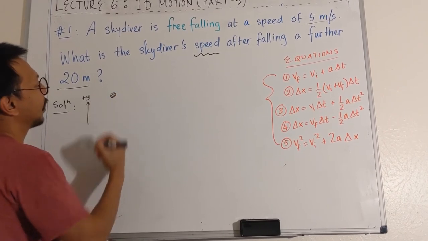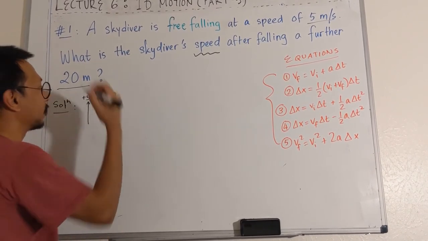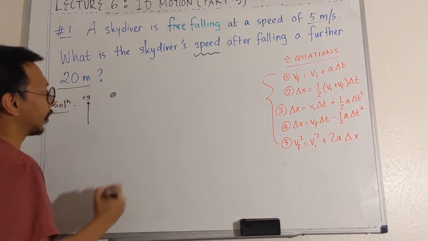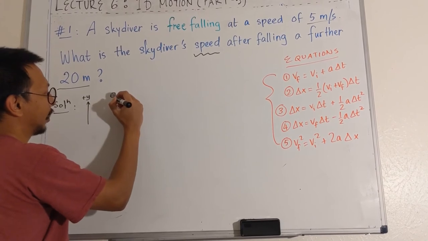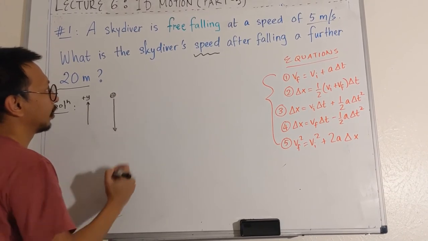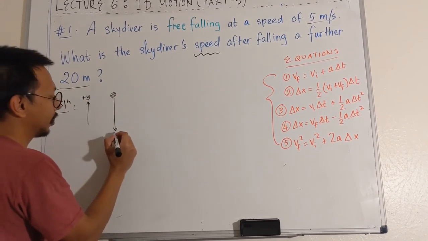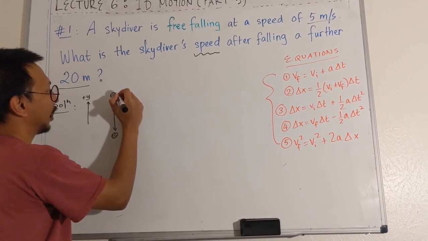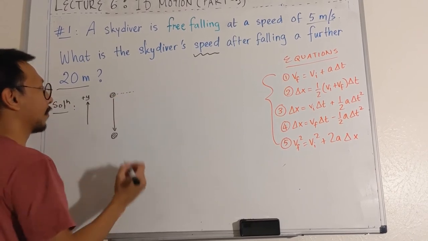Now, I am modeling the skydiver as a small ball falling under the influence of gravity, free falling. Let's say the fall, as per the question, is 20 meters. So the diver's motion started from here.